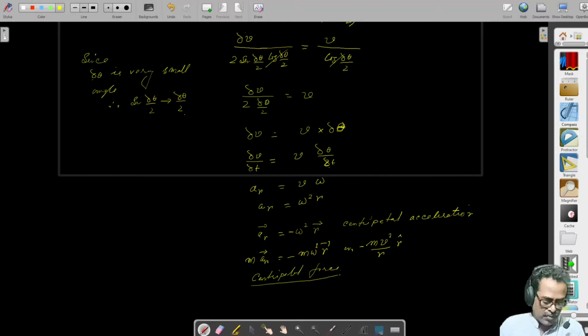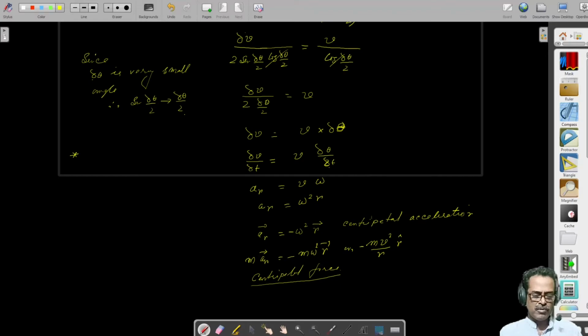So the role of centripetal force is only to change the direction of the motion. It never contributes any part to the magnitude of the motion. This is very important.